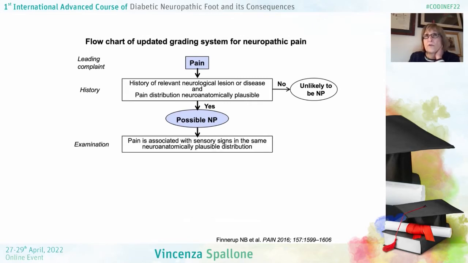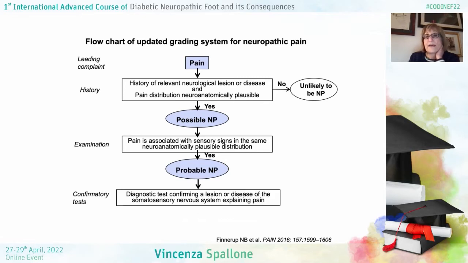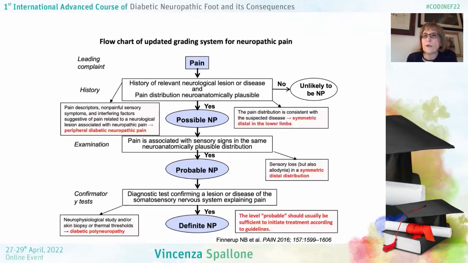When there is also sensory deficit in the same area as pain, we reach the grade of certainty of probability. And when we have a diagnostic test that confirms the lesion or disease in the somatosensory nervous system, we have a defined neuropathic pain.